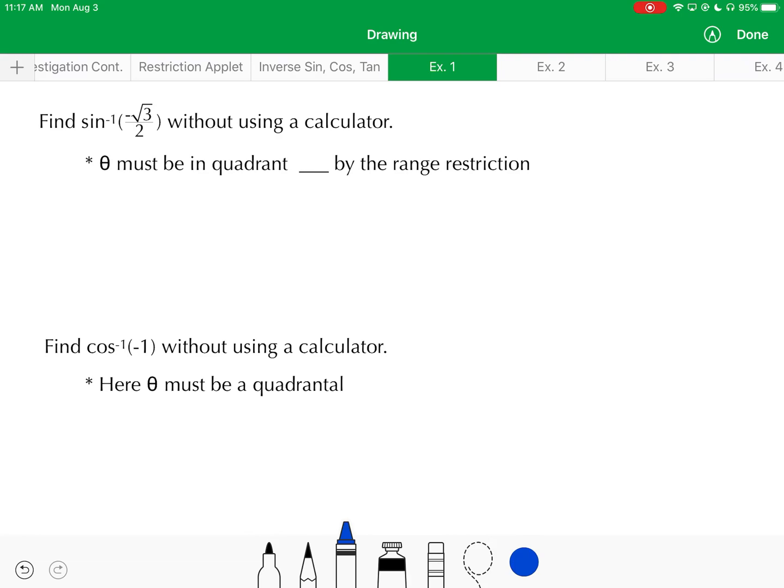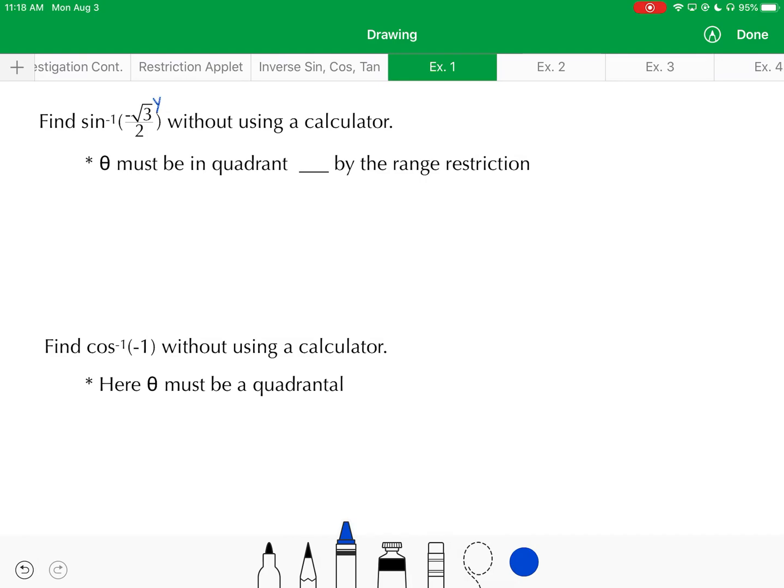I would like to find the inverse sine of negative radical 3 over 2 without using a calculator, okay? So understand the input here of negative radical 3 over 2, that is representing the ratio we would have gotten as the output on the original sine function here, okay?